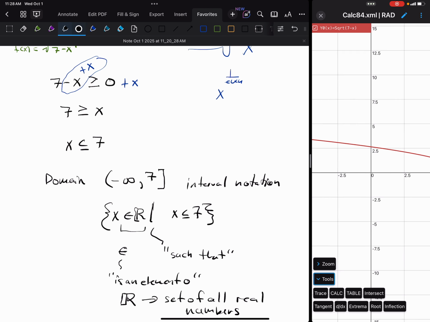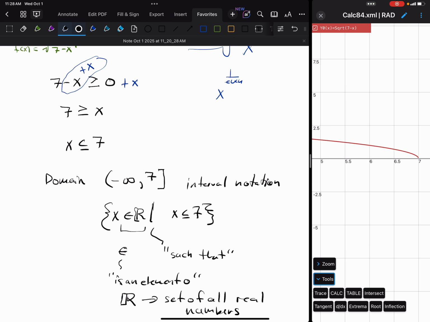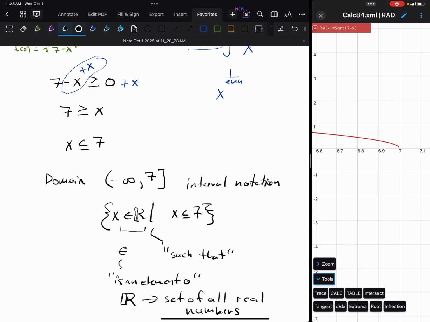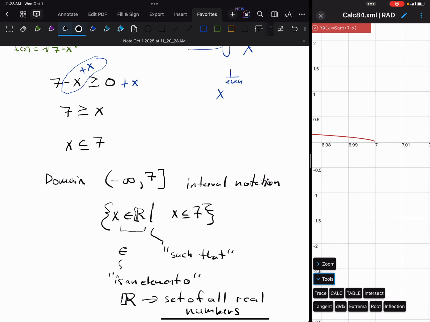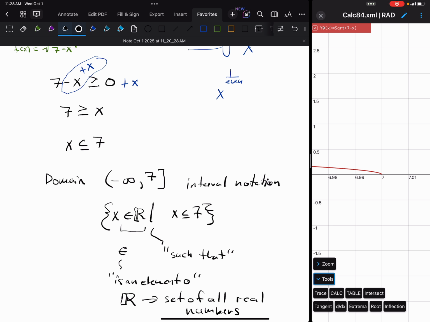And you can see, if I pan around here a little bit, as I get closer and closer to 7, I don't have outputs for x values larger than 7.